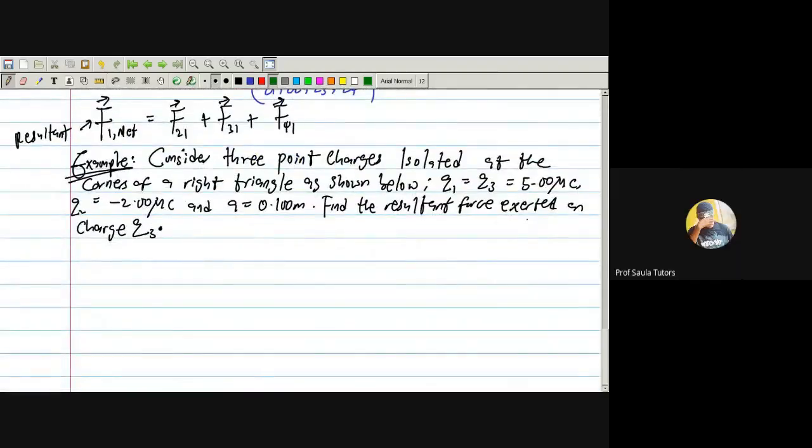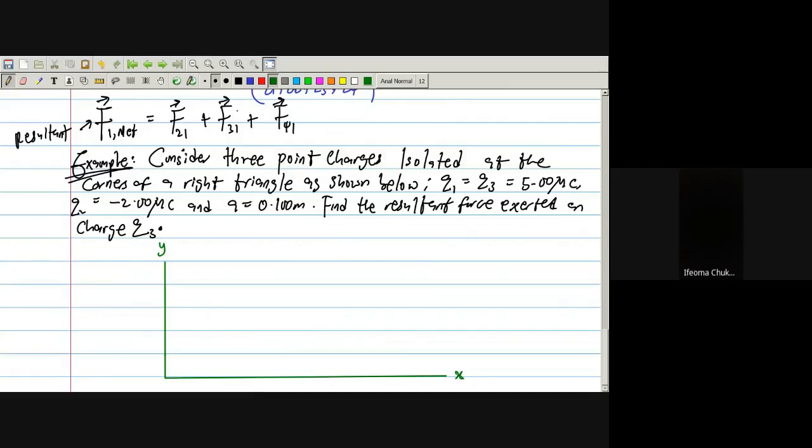Now let me draw the diagram we have below here. This is the x-axis, aligned with the y-axis. So let me write the charges.